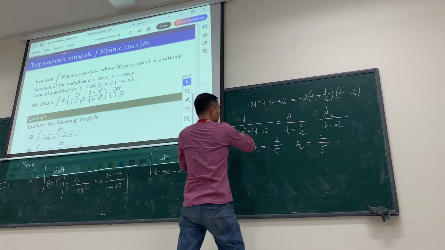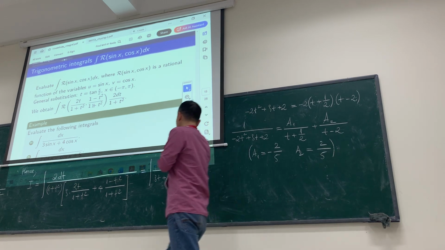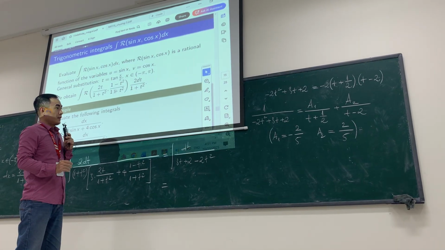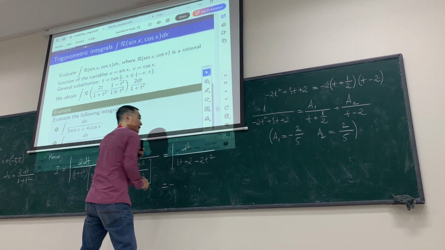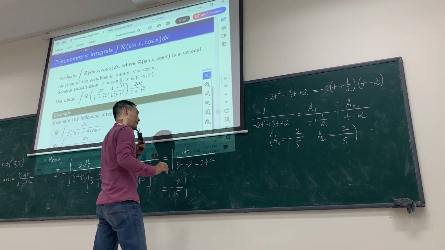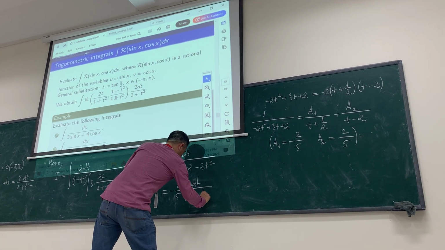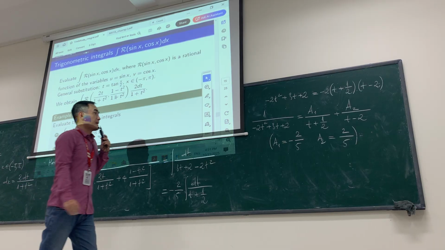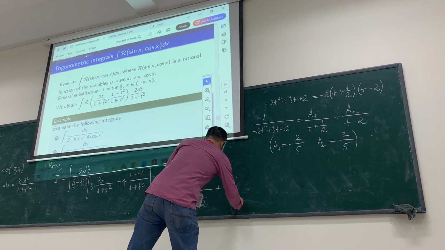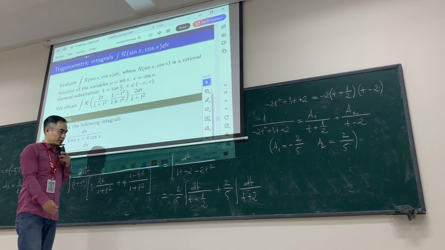Apply this formula. We can estimate the integral here is equal to minus 2 over 5 integral dt over t plus 1 over 2, plus 2 over 5 integral dt over t minus 2.